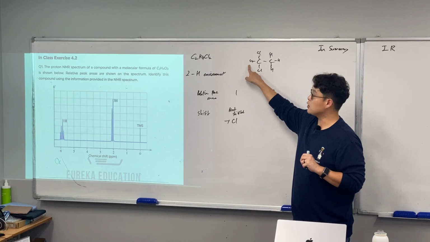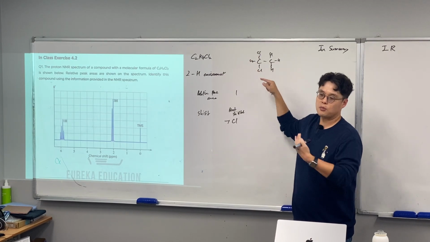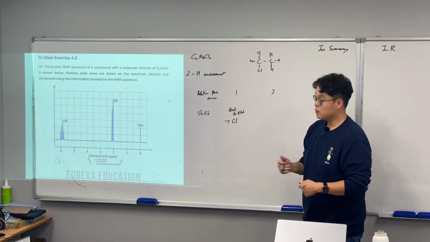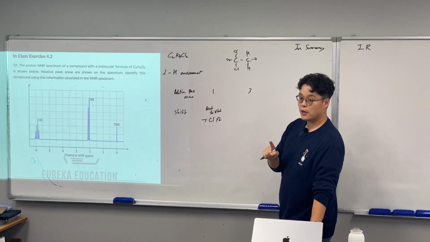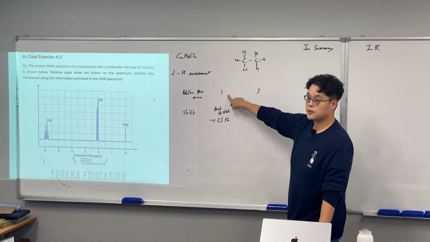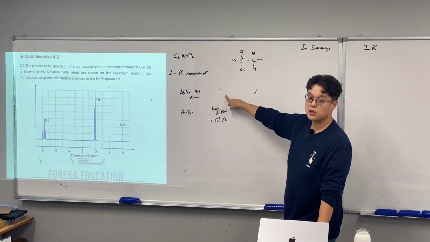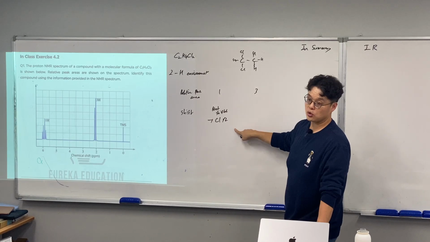So this hydrogen is next to 2 chlorines, which is why it must shift to the left-hand side, with relative peak area 1. Does it match? Yes. Relative peak area tells you about the hydrogens in the same environment, and only one hydrogen has the situation of living with the 2 chlorines, which is this one.